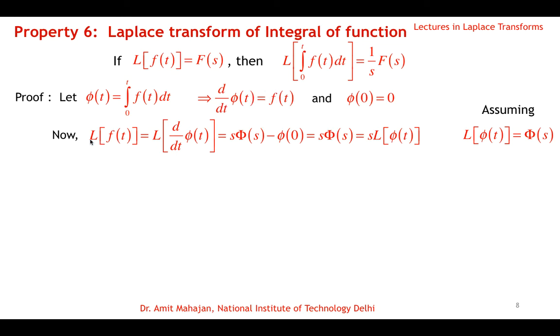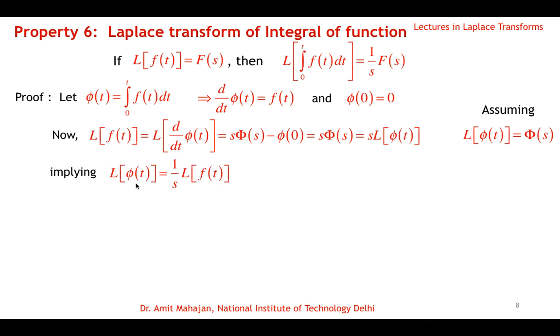So Laplace of f(t) equals Laplace of this derivative, and by the derivative rule, Laplace of the derivative of a function is s times Phi(s) minus phi(0). And phi(0) is 0, so the second term is 0, so it is nothing but s Phi(s), and Phi(s) is nothing but Laplace of phi(t). So we can calculate Laplace of phi(t) as 1 by s of Laplace of f(t).